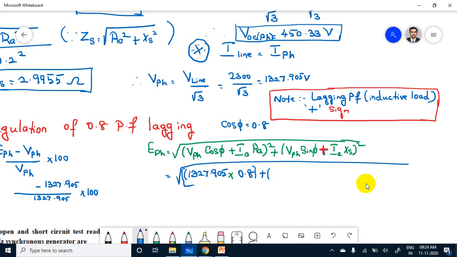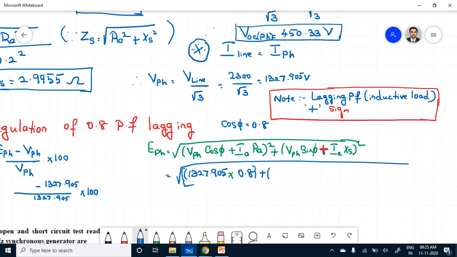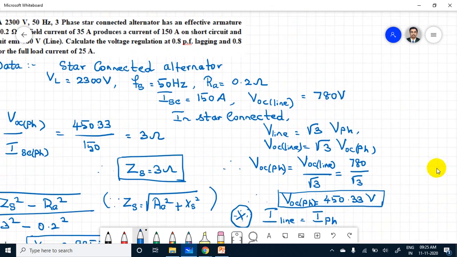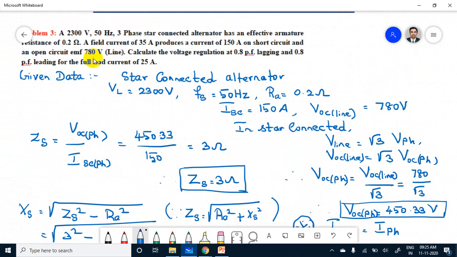As per your problem, how much is the full load current? 150 is the short circuit current.